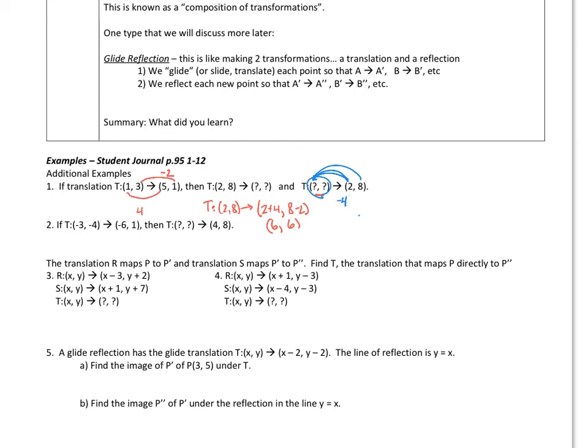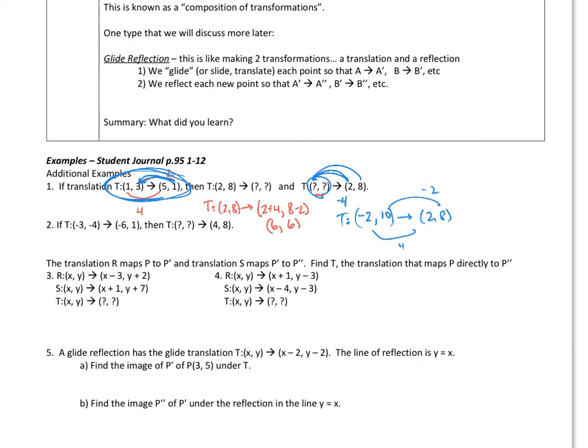So this would be negative 2, comma, and then I subtracted 2 in this direction, so if I went backwards, I would have to add 2, so this would be 10. So (negative 2, 10) mapped to (2, 8). Because if you do it like we did over here, this was our original that we were given. I added 4 here, and I subtracted 2 there.